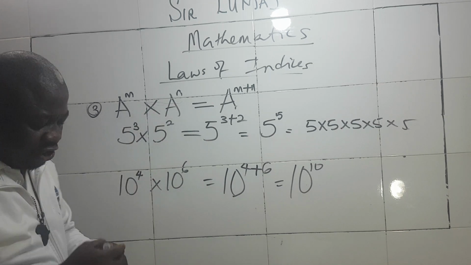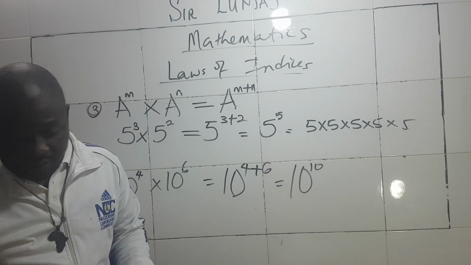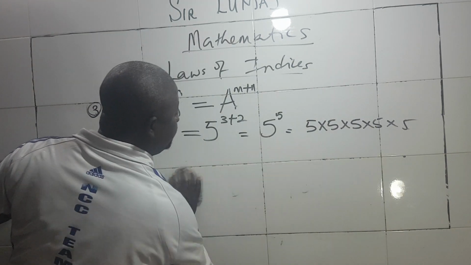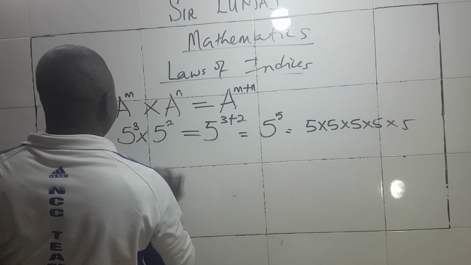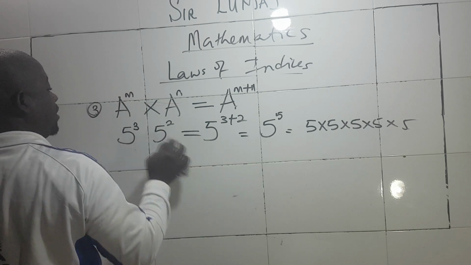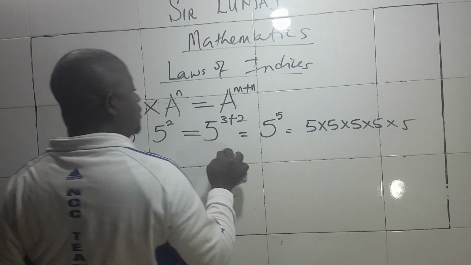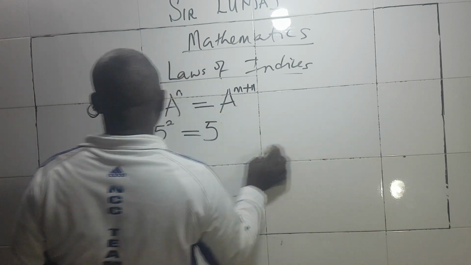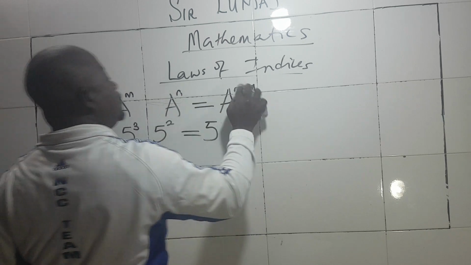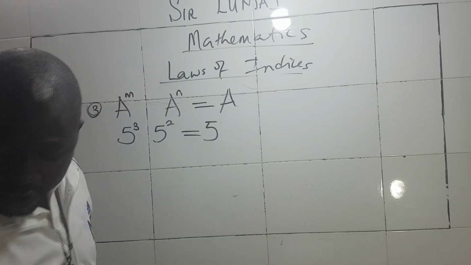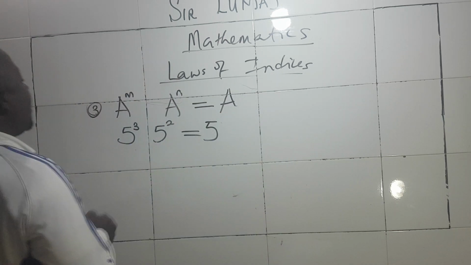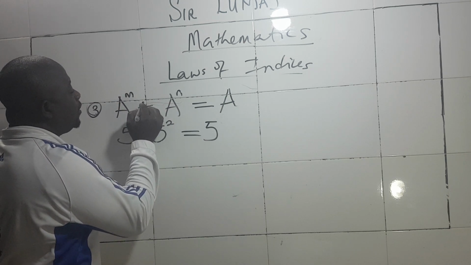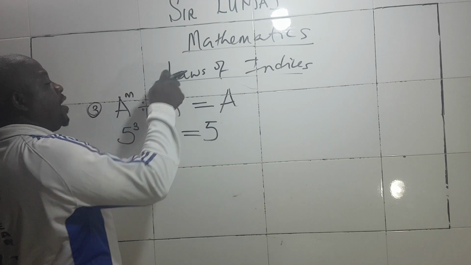But when you have division of bases, the same thing I will still be doing. Division of bases now. So when you have division of bases, maybe I have a raised to power m divided by a raised to power n.